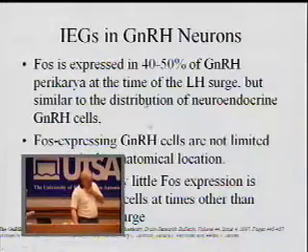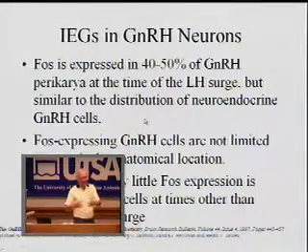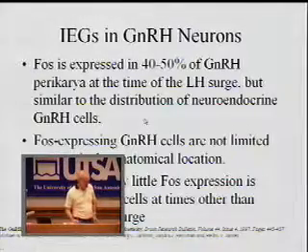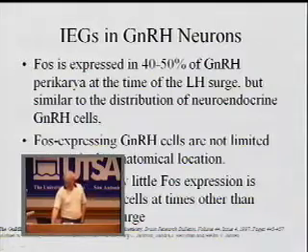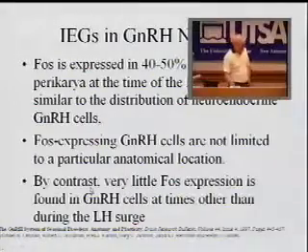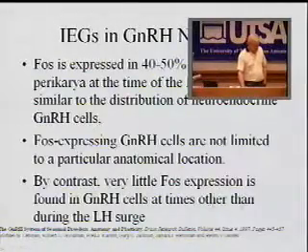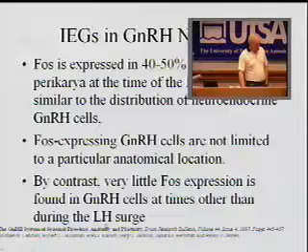So this is the point that's being made here. Similar kind of a distribution of the cells that contain the immediate early gene product, as well as the GnRH neurons. But what is most important is that at times throughout the estrus cycle, these are seasonal breeders, so they're estrus cycling animals.